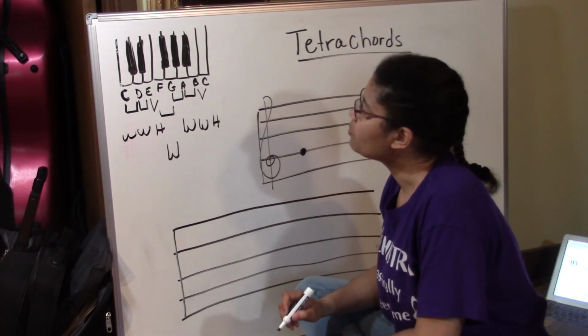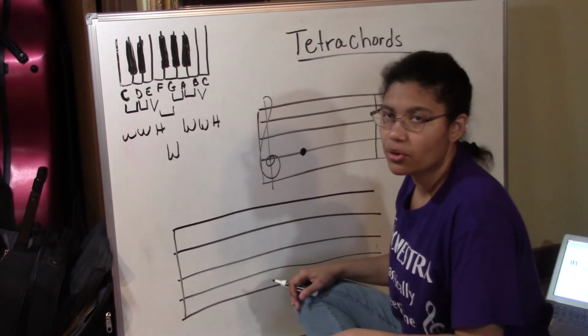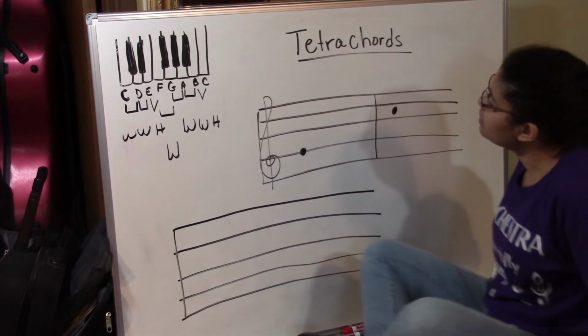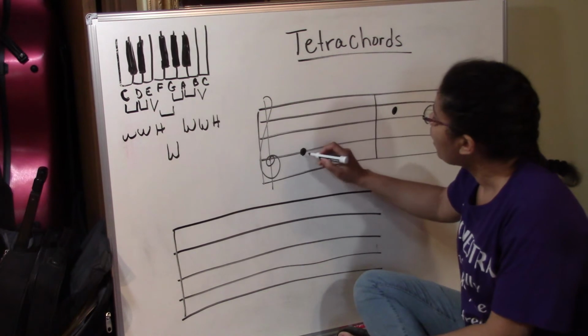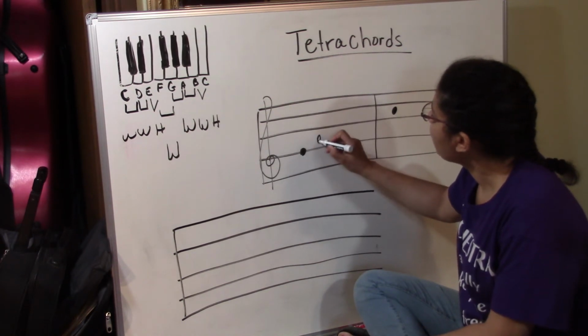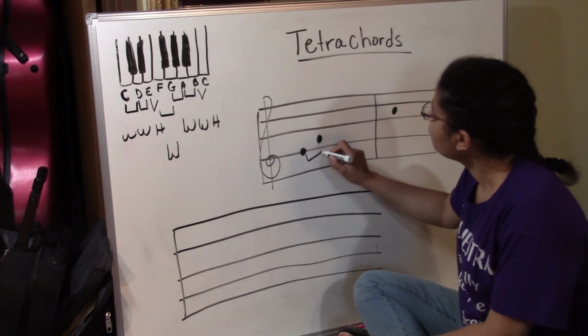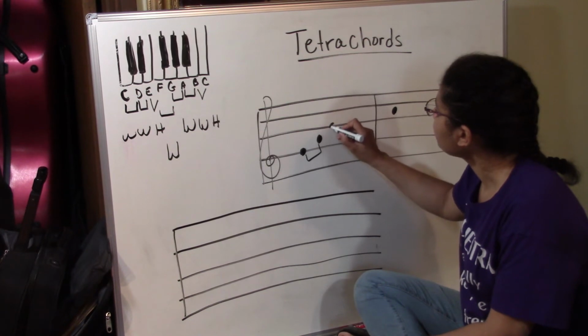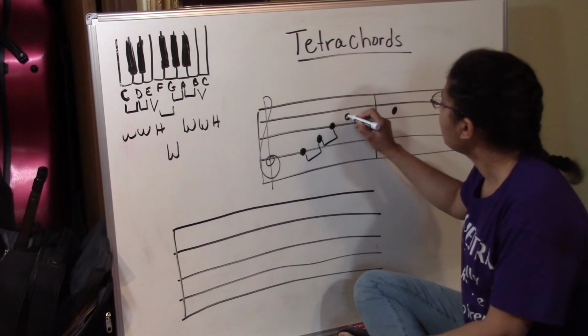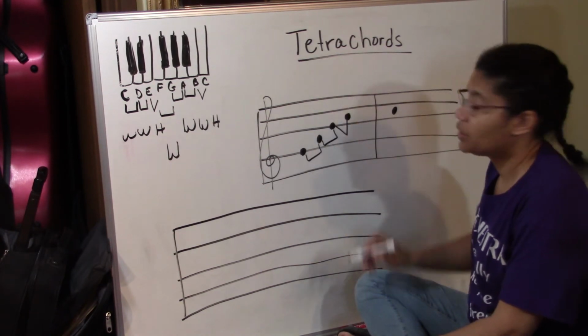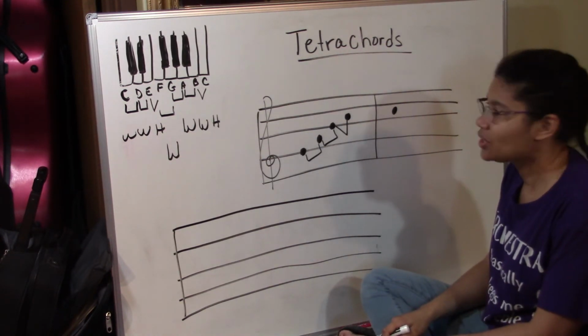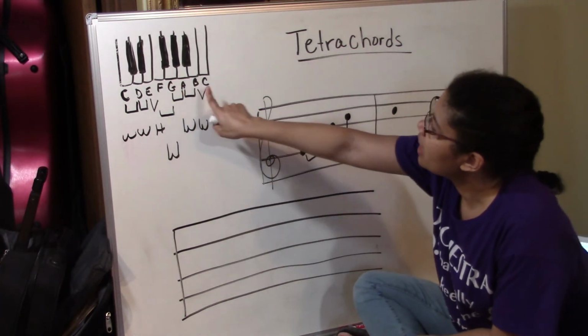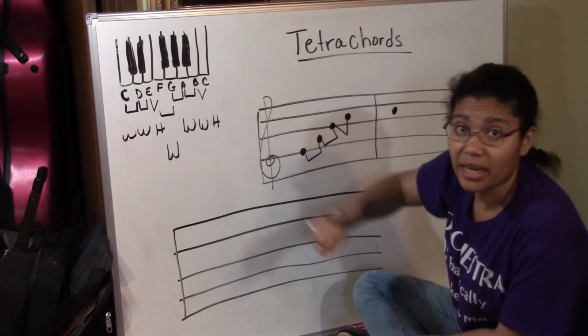Now, let's break this down and look at tetrachords one at a time. What if I wanted to make a tetrachord on G? If I start on G, I have a whole step between G to A, a whole step between A to B, and a half step between B and C. Perfect, that works out. You can see that naturally occurs here with my white keys.